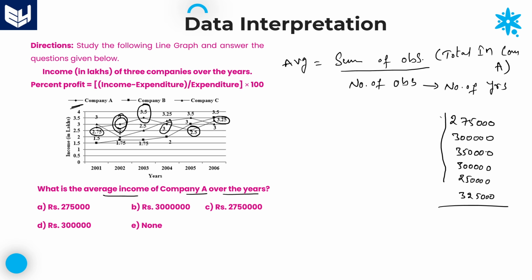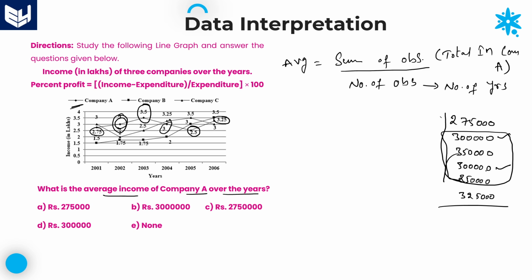Here if you observe carefully, it is 3 lakhs, 3 lakhs, 6 lakhs. Again these two combined 6 lakhs, 6 plus 6, 12 lakhs. This is all together 12 lakhs.